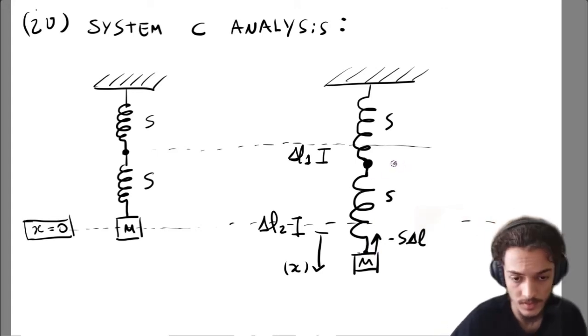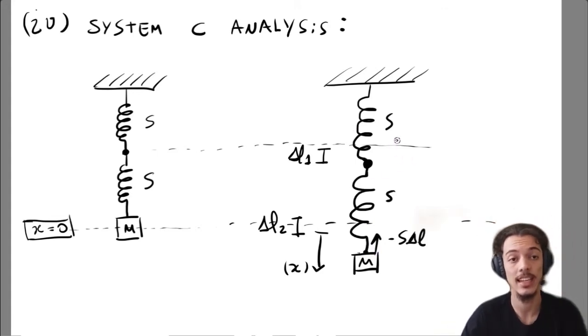Well, we can notice that ideal springs have no mass, okay? Ideal springs have no mass. Ideally, we have such a low mass that we can consider it theoretically to be zero.